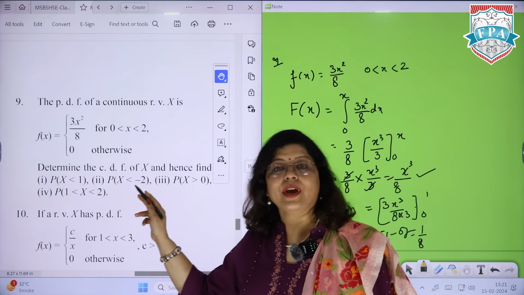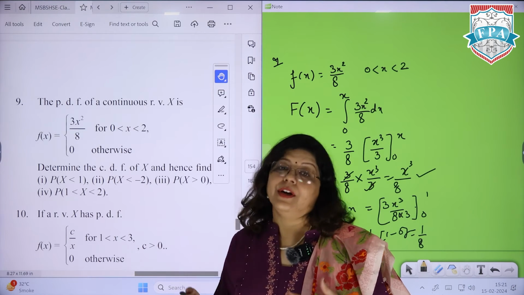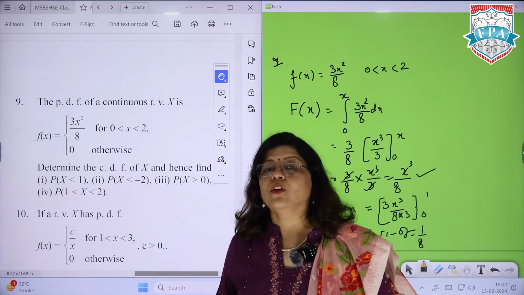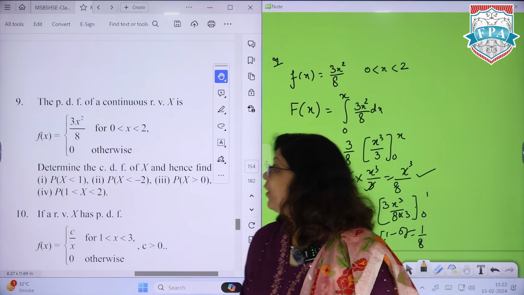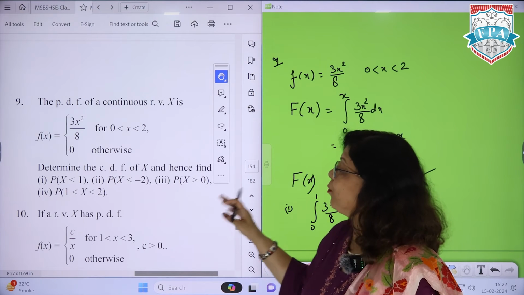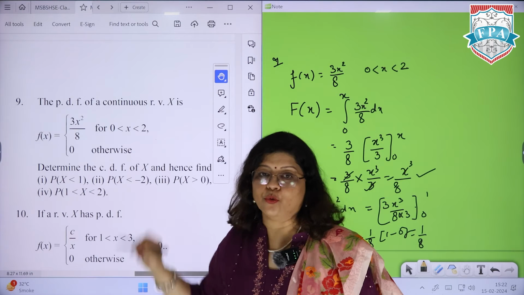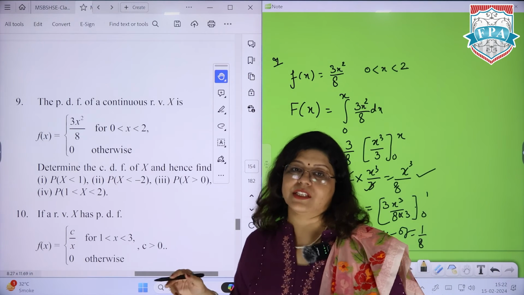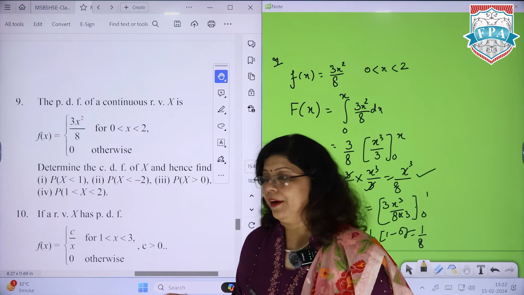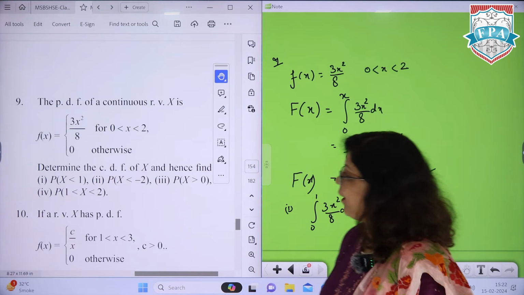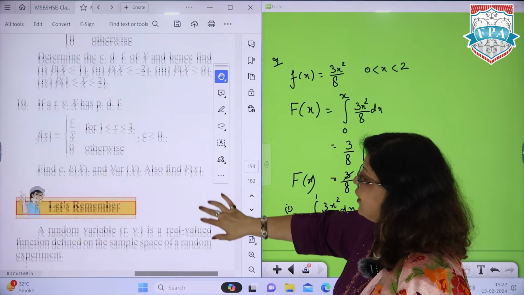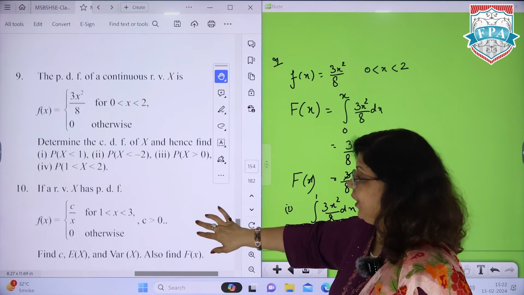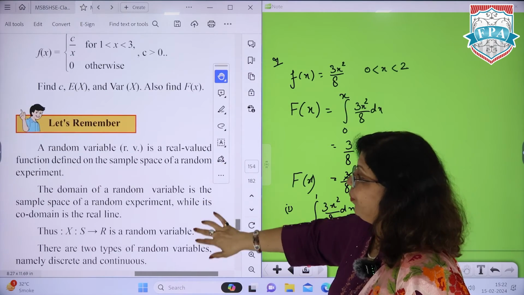For the second value, x is less than minus 2. It's not possible because the given range is 0 to 2, so the value will become 0. When x is greater than 0, it means it can be between the range of 0 to 2. So you put 2 cube in place of x cube and the value will be 1. In this manner, we'll be able to calculate the CDF, which helps in getting even the variance and expected value.